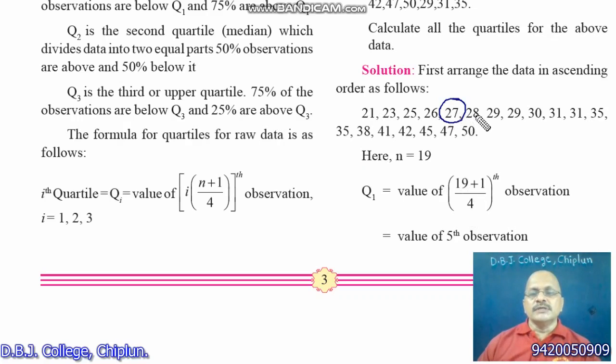This is 5th, 6, 7, 8, 9 and 10th. The 10th observation is Q2, that is the median. And Q3 will be 3 into (19 plus 1) upon 4th observation, that is the 15th. This is the 10th one, 11, 12, 13, 14 and 15. Q3 is 41, the 15th observation. Let us see whether the same thing is there.